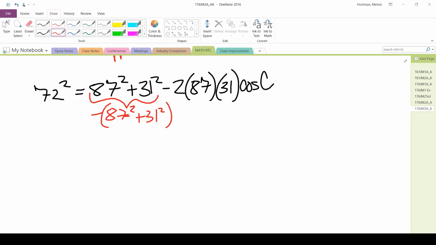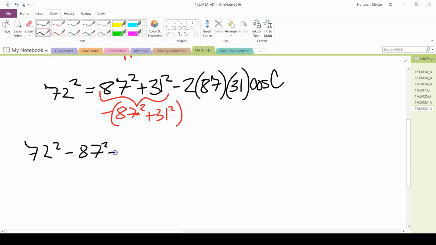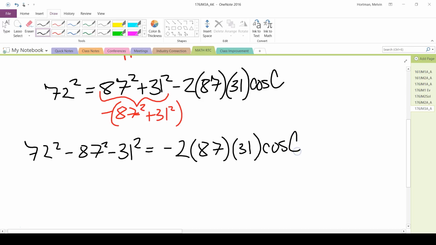We'll minus that whole thing and end up with 72 squared minus 87 squared, and then that plus changes to a minus 31 squared equals negative 2 or minus 2 times 87 times 31 times the cosine of C.